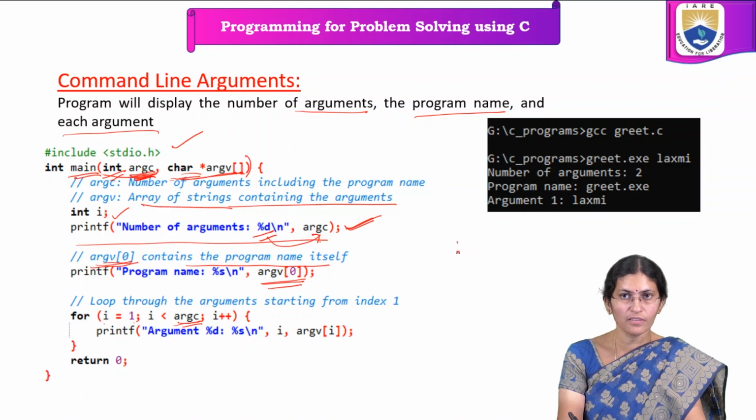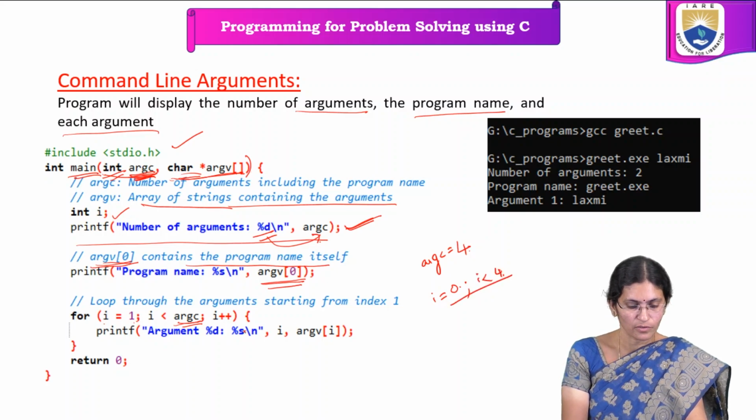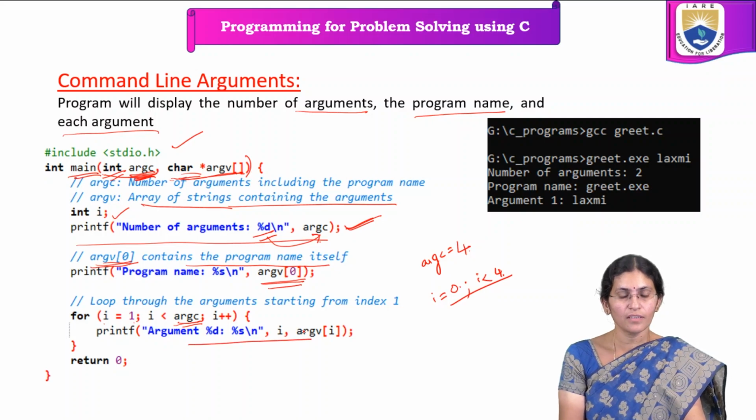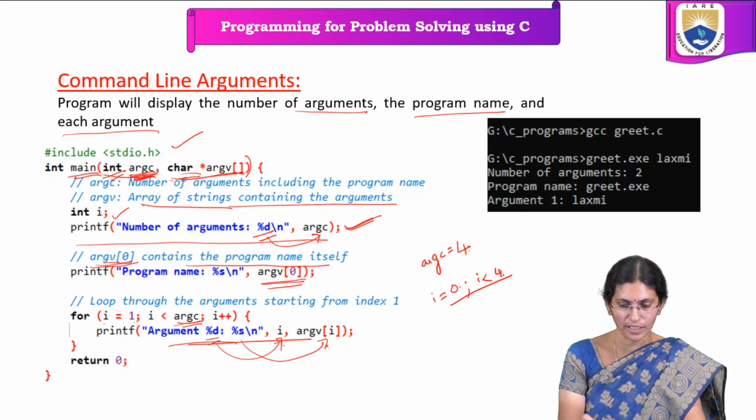If we are passing 4 arguments, argc is equal to 4, so we loop with i less than 4. Then each argument we can print with the help of this loop. Argument, then %d takes the value stored in the variable i, and %s takes the corresponding value stored in argv of i.